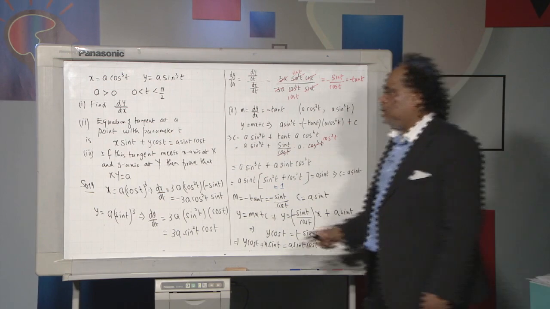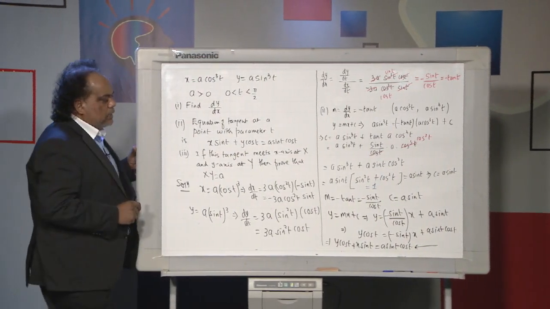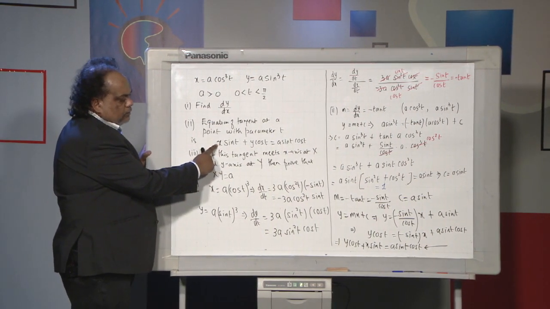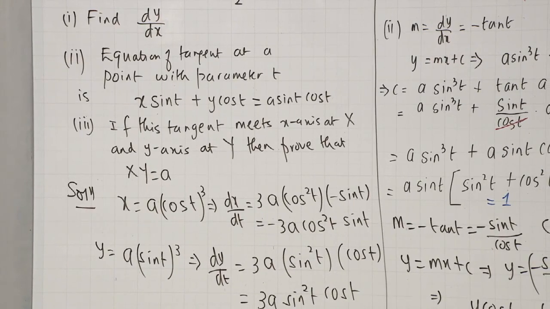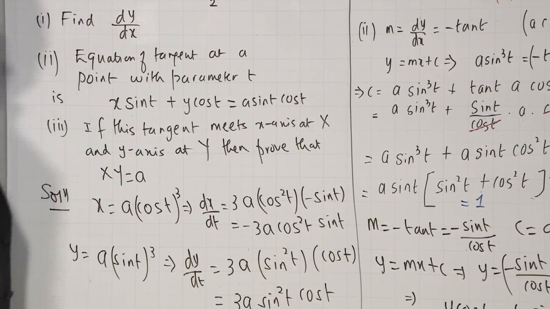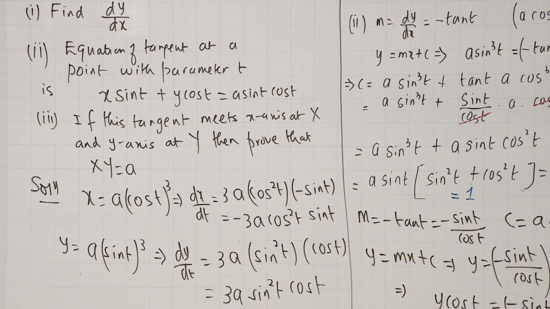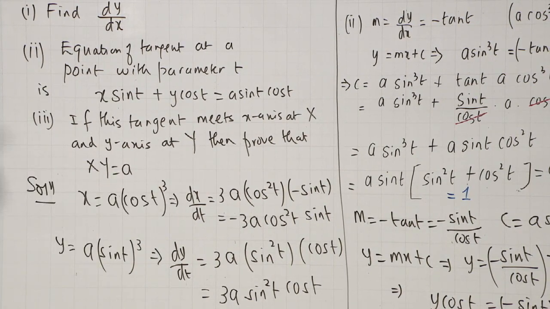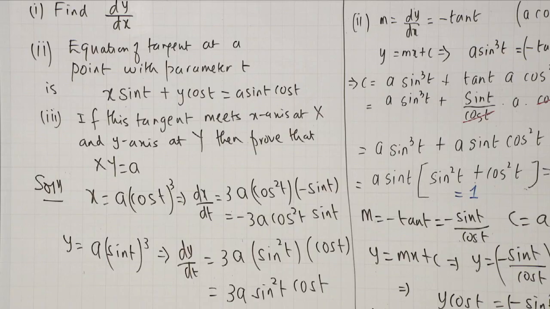Let's do the last part. What is the last part telling us to do? It says if this tangent that we have just proved cuts the x-axis at x and the y-axis at y, prove that the distance between these two points will always be equal to a.